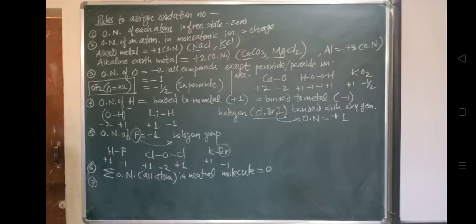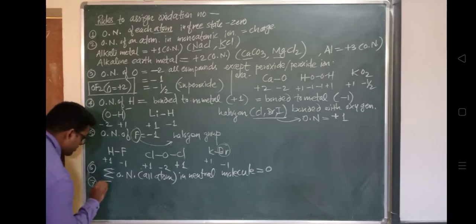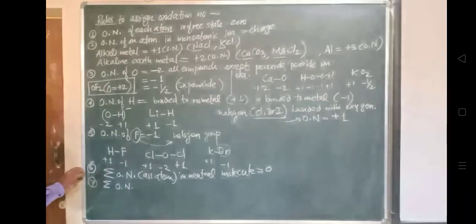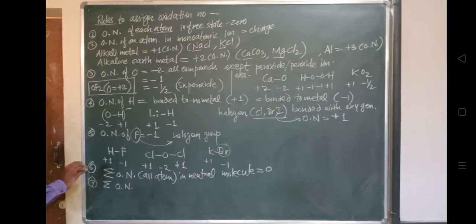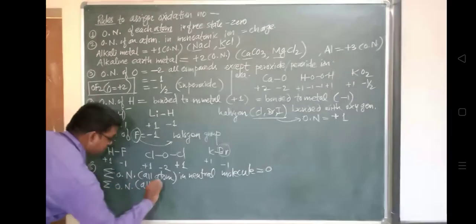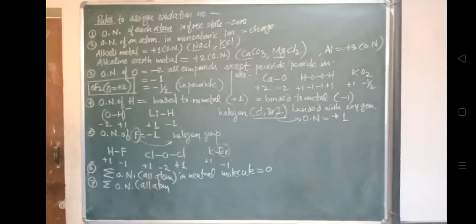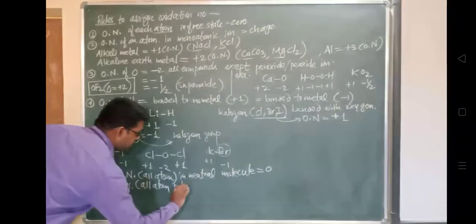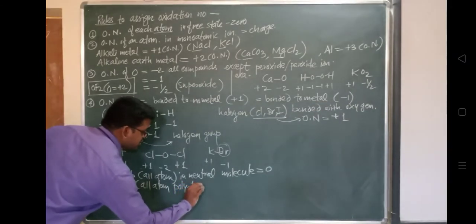The seventh rule is the algebraic sum of oxidation numbers of all atoms in a polyatomic ion. Poly means many, atomic ion.